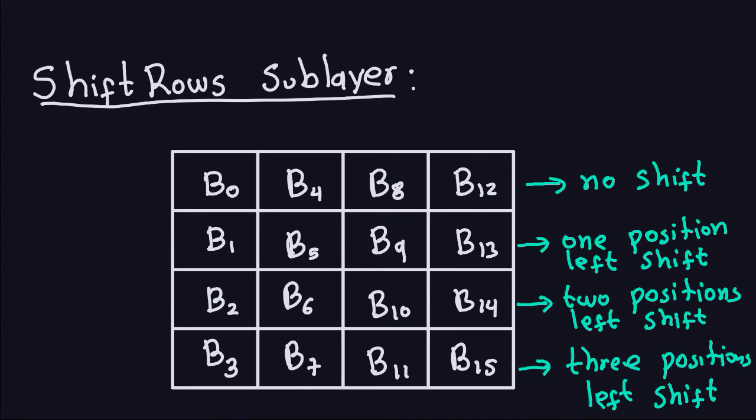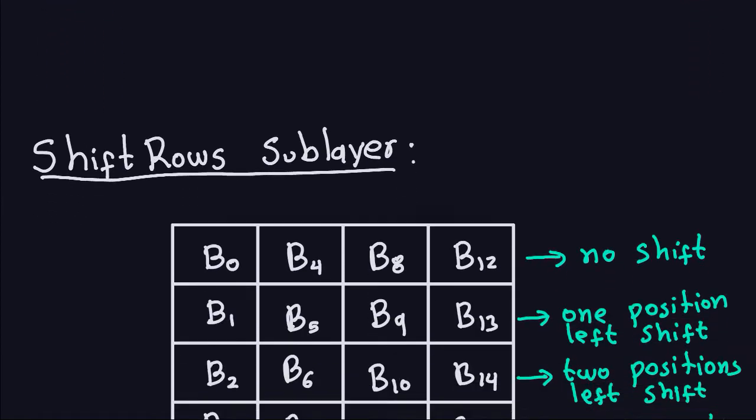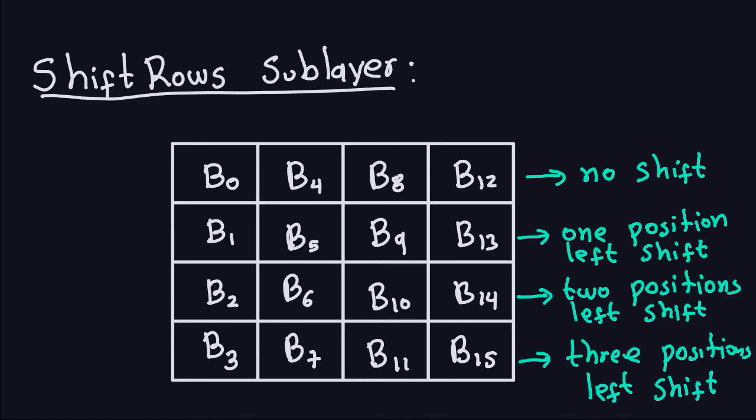You write down the bytes of this 128-bit block. Remember, B0, B1, all the way through B15 are bytes. You organize them by column. You start with this column, B0, B1, B2, B3, and then go to the next column, B4, B5, B6, B7, 8, 9, 10, 11, and so on.